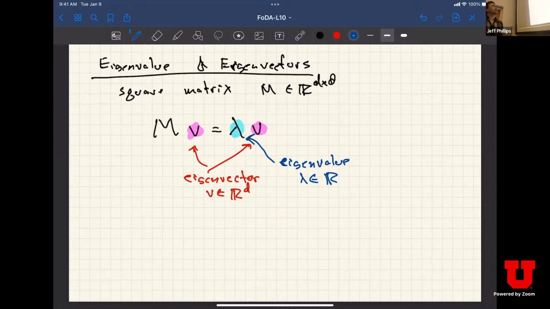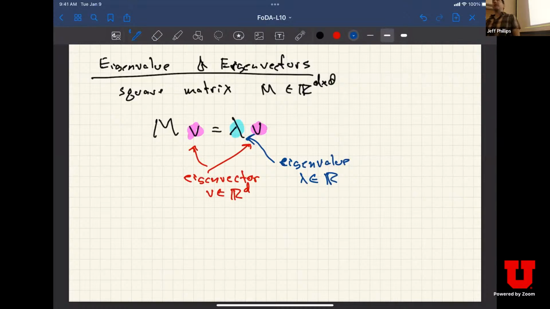So this is a very special equation that might seem strange. I've got a D by D matrix M, I'm multiplying by a vector, and I'm getting back a scaled version of the same vector. This is unusual.